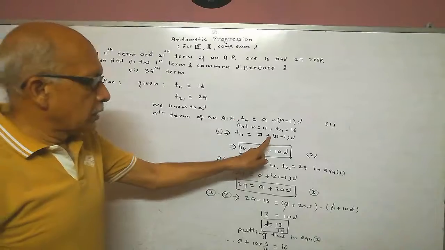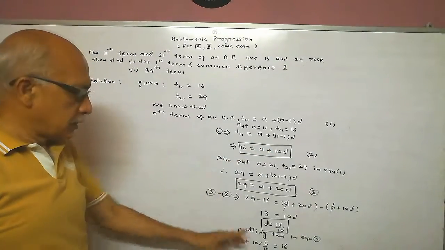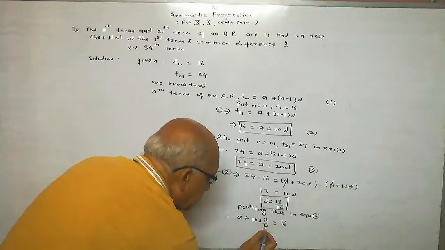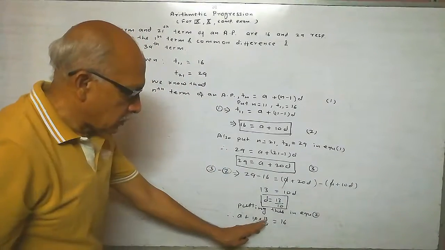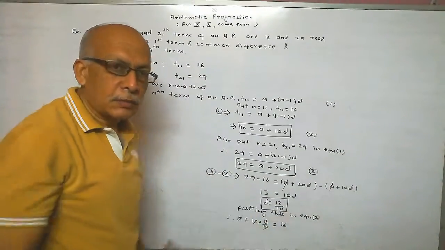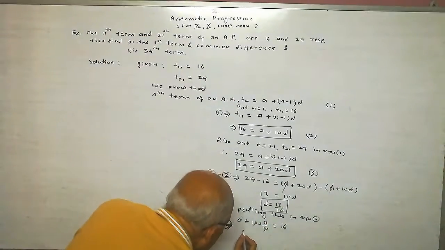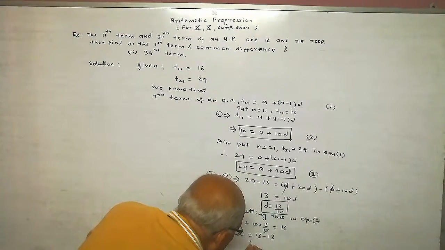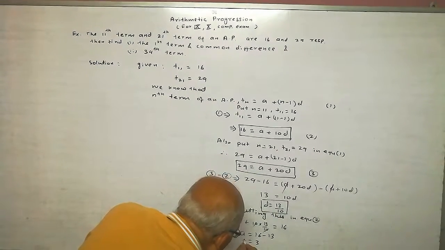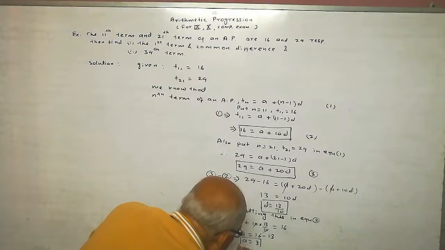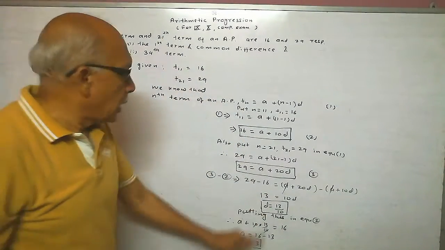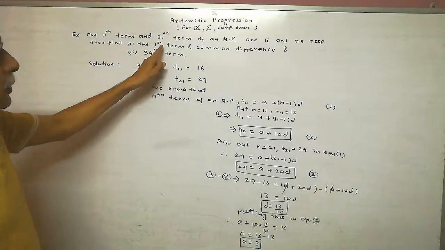Now this 10 gets cancelled and we transfer this 13 to the right hand side, so it becomes negative. So we can write a is equal to 16 minus 13, which comes to be 3. So we got a and d, that is, we have answered the first question.